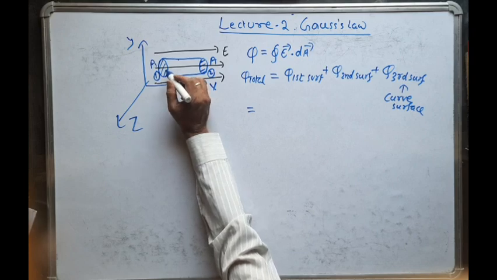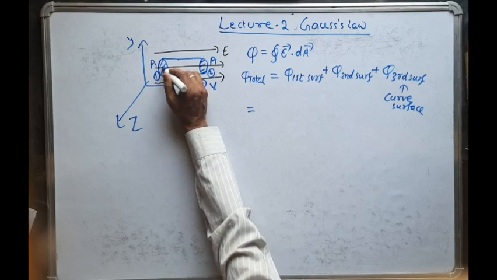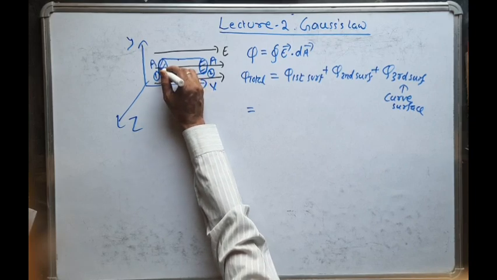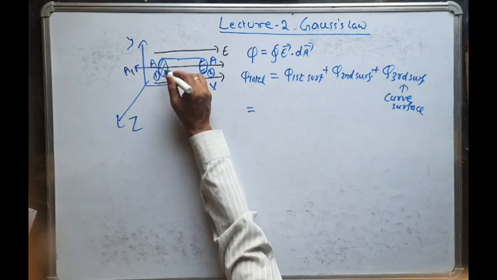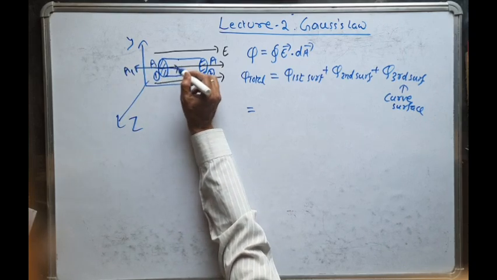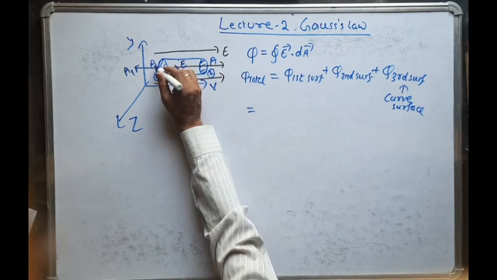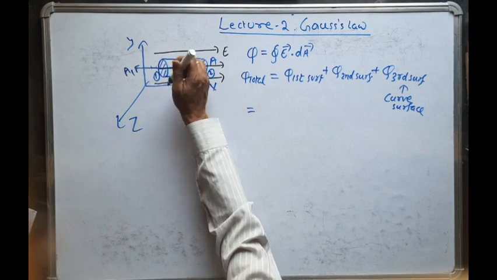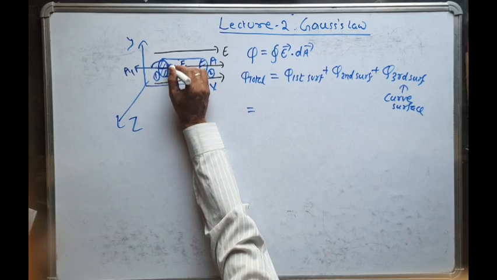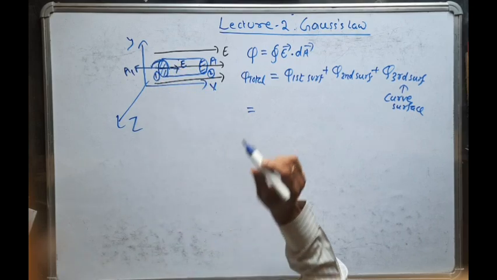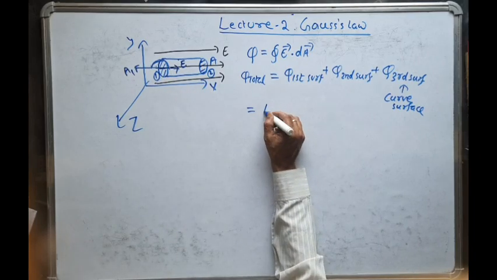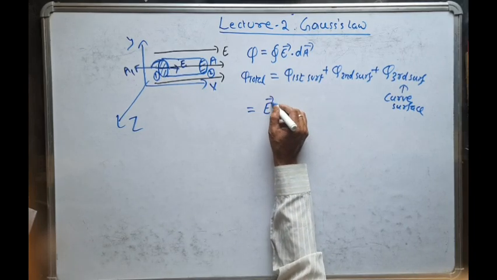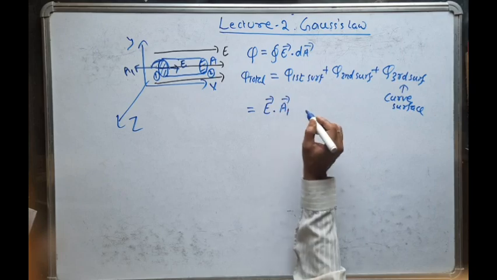Since the electric field is constant, the area vector is away from the surface and the electric field vector is towards the right. What is the angle between this area vector and the electric field? 180 degrees. So the flux through the first surface is nothing but E dot area vector.